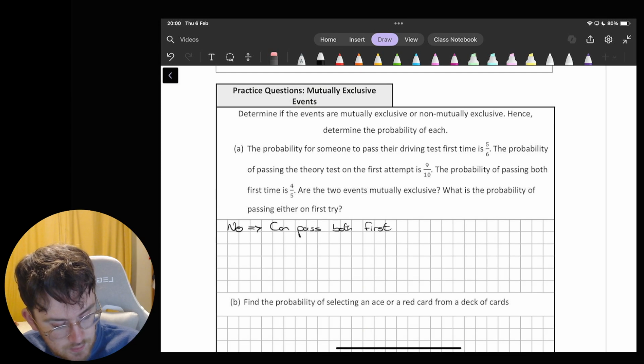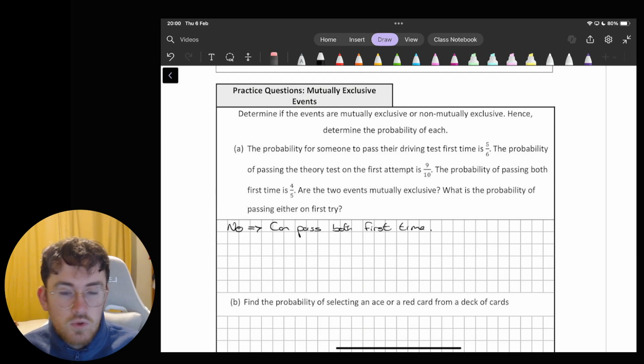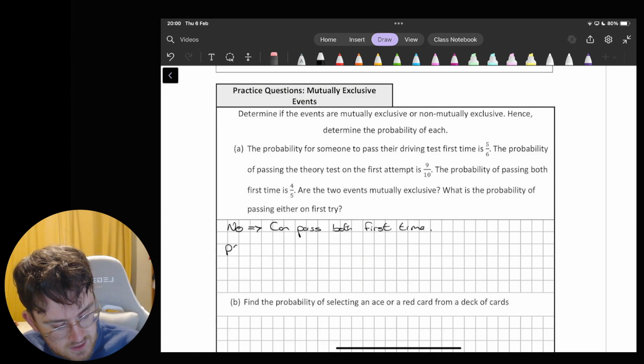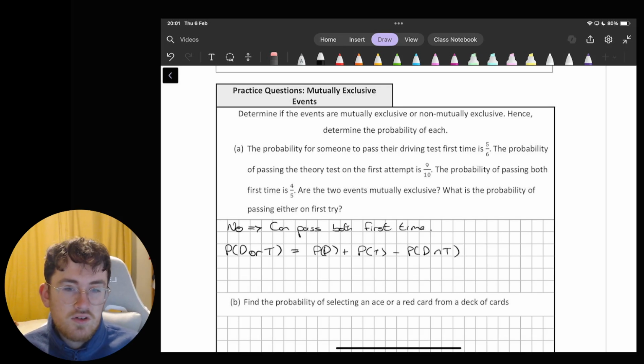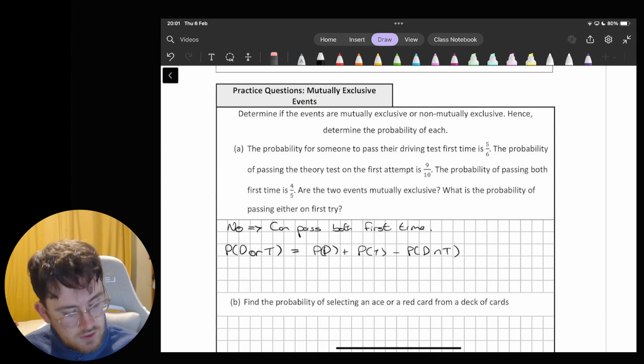So they can happen together. Passing one first time doesn't mean you can't pass the other one first time. Okay, so both can happen together. So the probability that you pass one on either try, the probability of passing your driving test or your theory test, is the probability that you do your driving, plus the probability that you do your theory, but we'll subtract the probability that you do both because it's already included in both of those and we only need to include it in one.